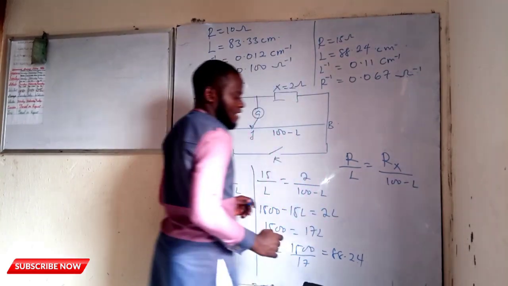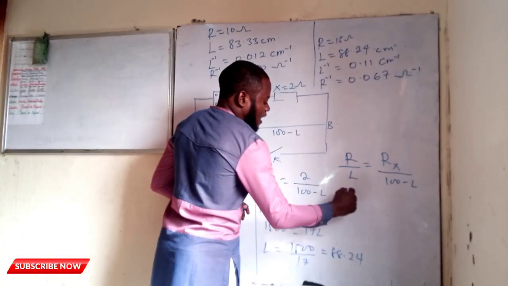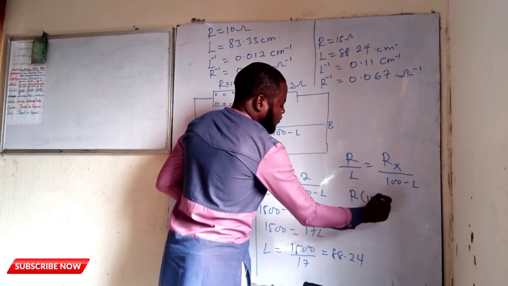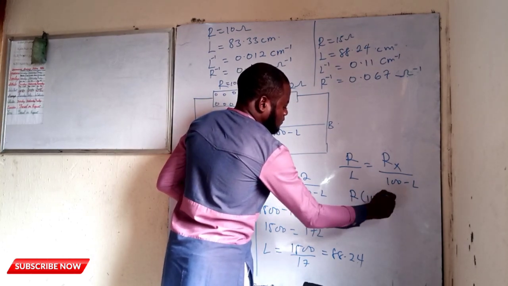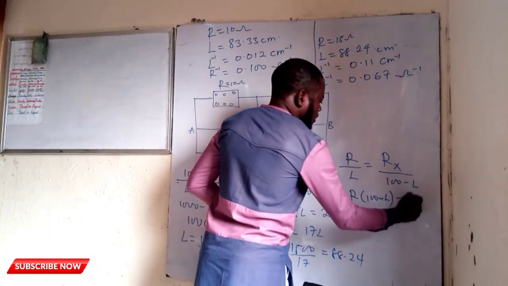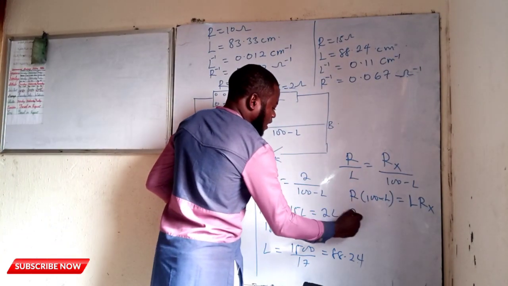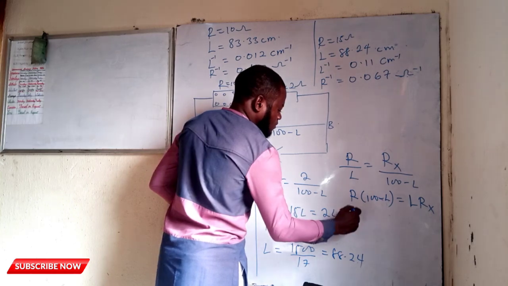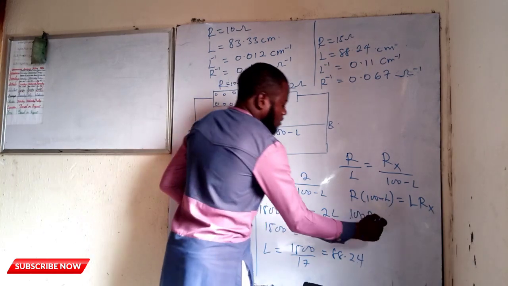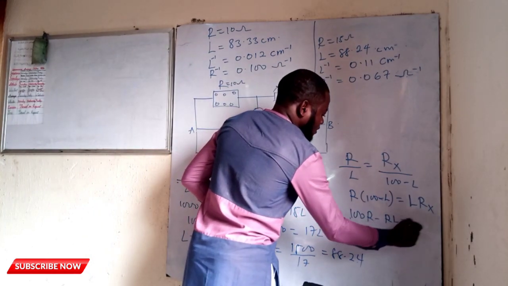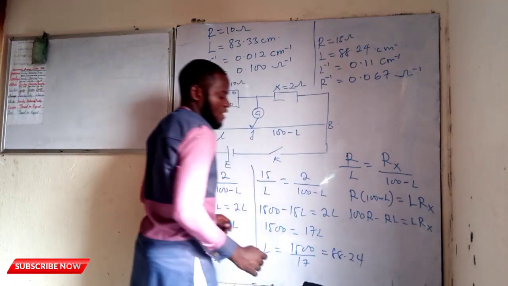100 minus L. If I cross multiply, I will have R into 100 minus L equal L Rx. So if I open this bracket, I have 100R minus RL equal L Rx.